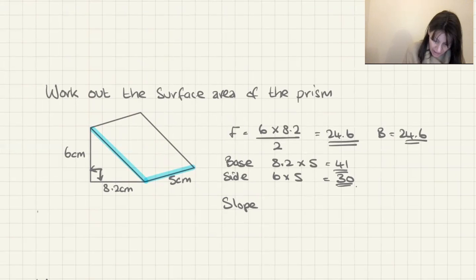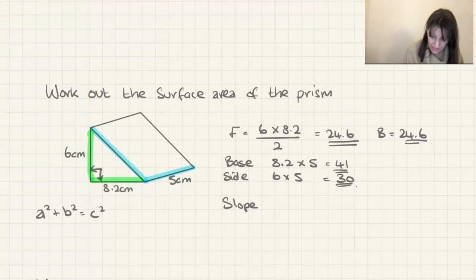So we're going to do our a squared plus b squared equals c squared. I know I've highlighted the wrong thing because I was trying to show you something else, but I can see that the right angle is pointing at those two edges, which means I've got 6 squared plus 8.2 squared equaling c squared.